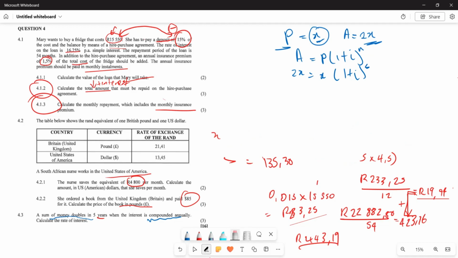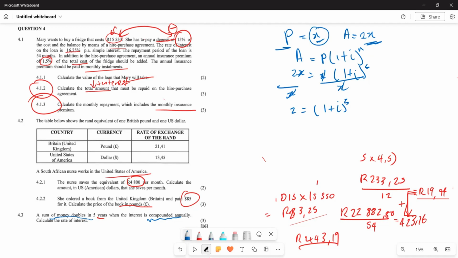Now what are we going to do? We start with what we usually do, which is to divide by the principal amount. You divide by X on this side, and you divide by X on this side. So this X and this X cancel, and you are left with 2 equals 1 plus the interest to the power of 5.